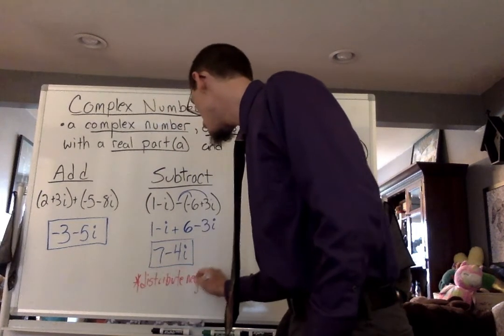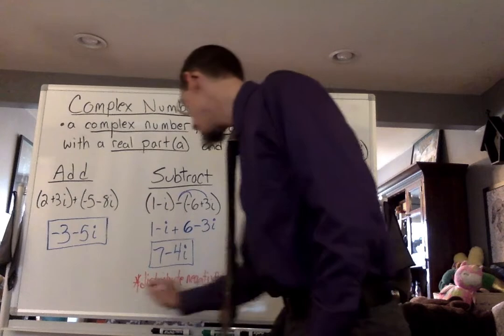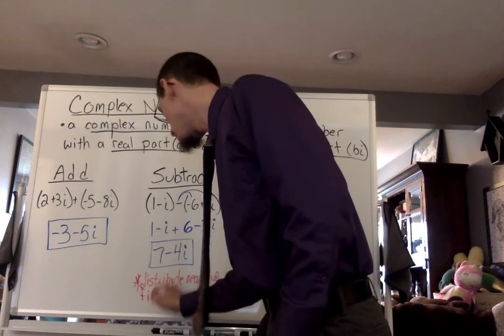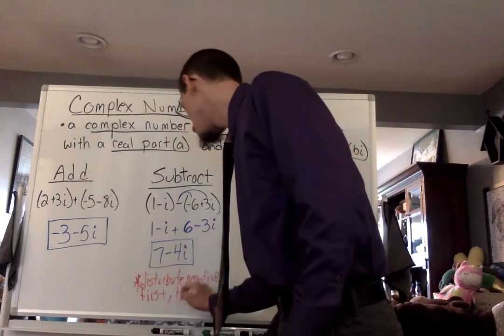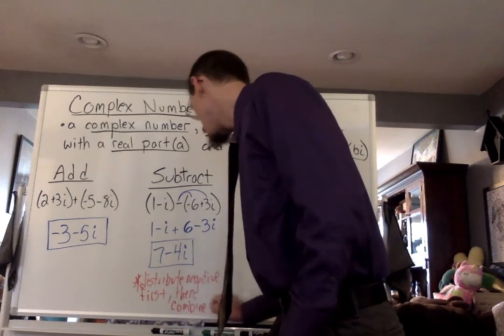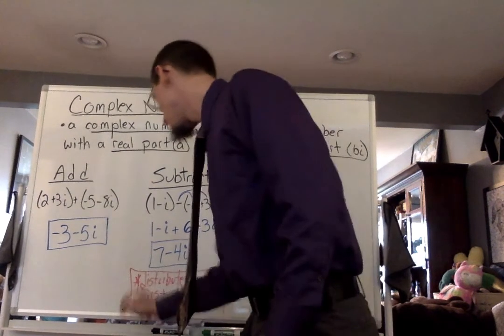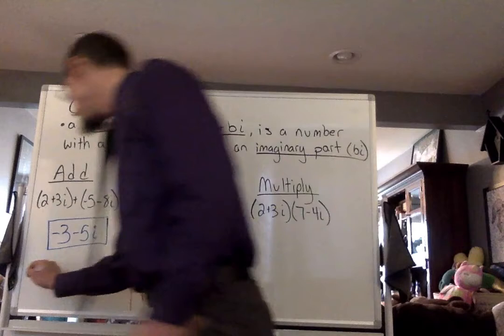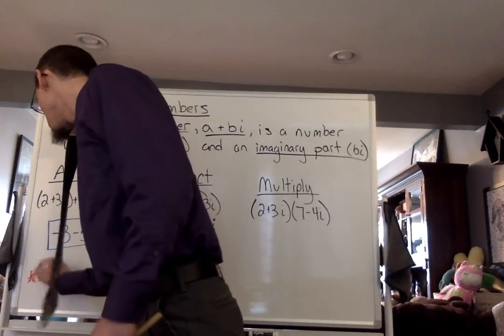Distribute negative first, then combine. Over here, you just combine.